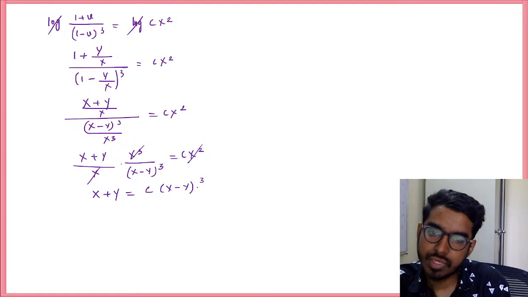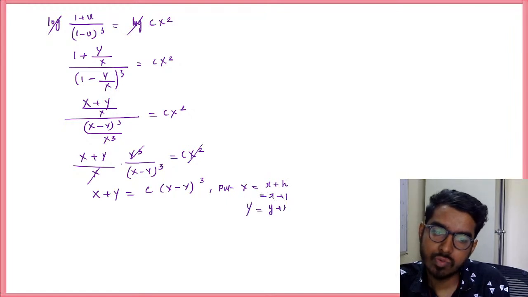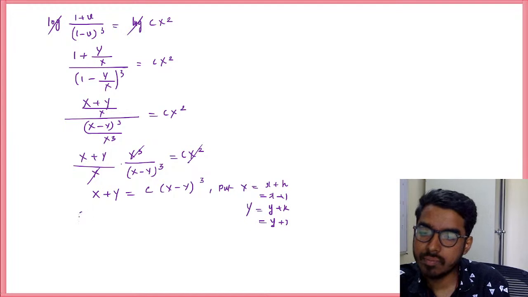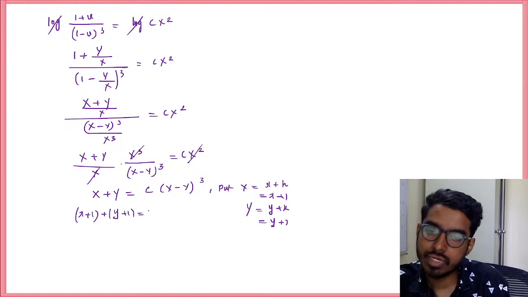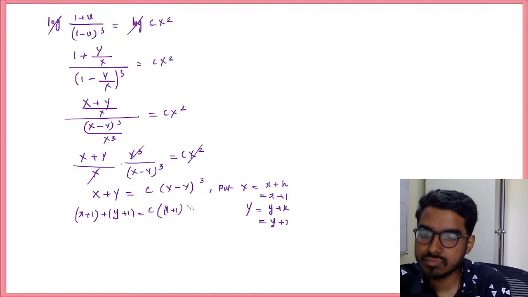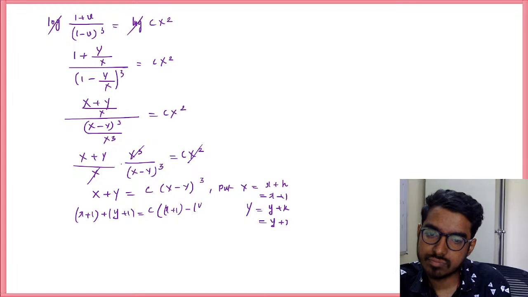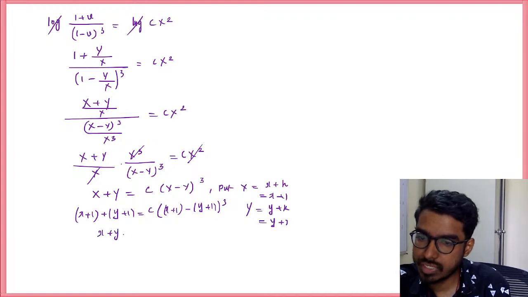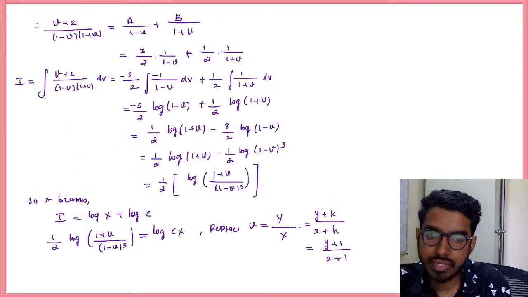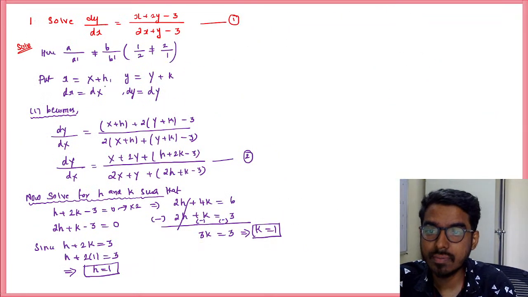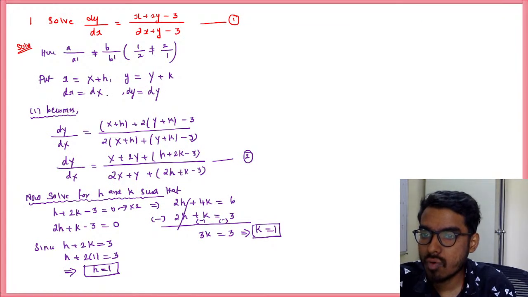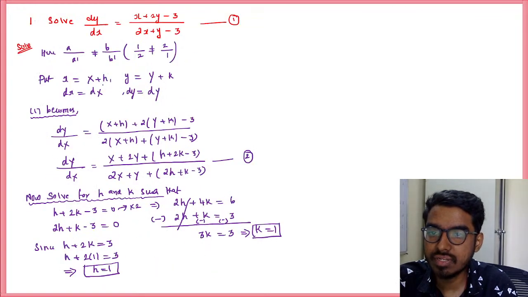So replace capital X to be equal to small x plus h, which is x plus 1, and capital Y to be equal to y plus k, which is y plus 1. Wait a minute.